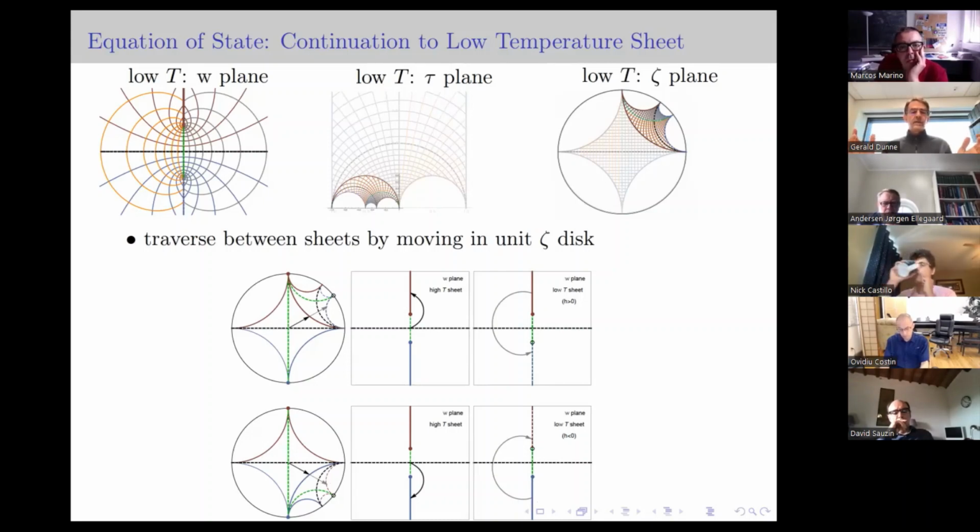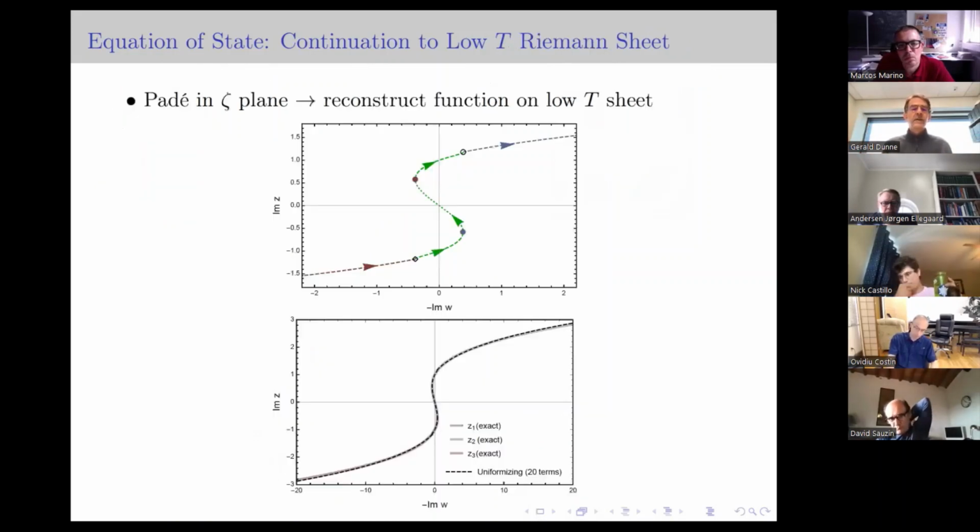I just take my original expansion, map it with this uniformizing map, I'm now within this unit disk, and once I do a Pade or something, I can wander through this. And if I want to know where I am on the original W plane Riemann surface, I can just refer to what this point is doing. So once I go onto the low temperature sheet, physically, there are only two sheets that I'm interested in here.